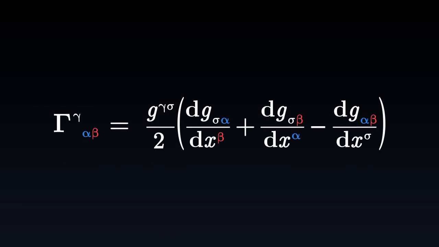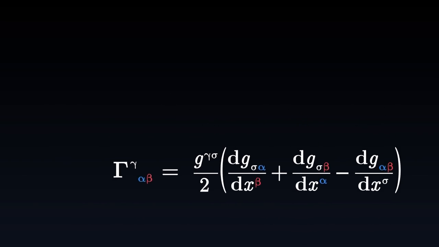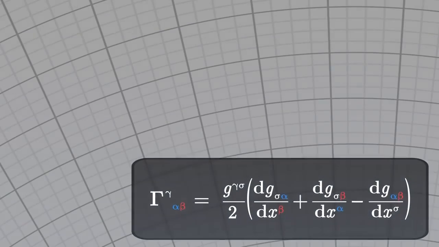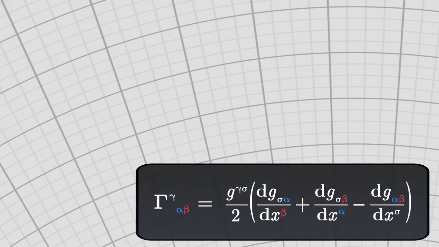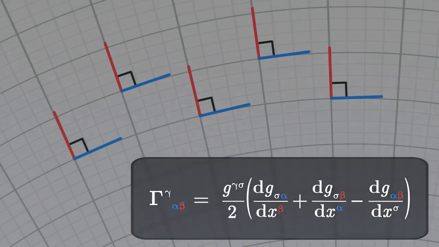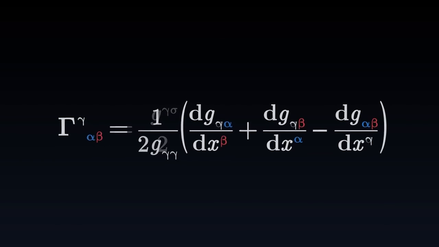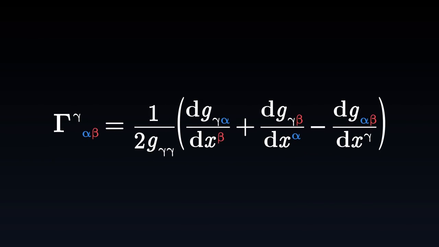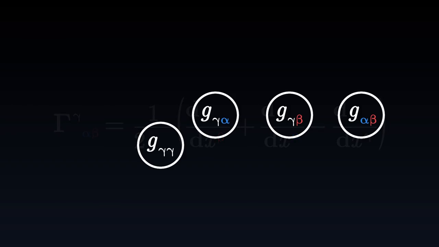Most of the time, however, this expression can be simplified by choosing an appropriate coordinate system. In particular, we can manage to choose a grid whose axes are perpendicular to each other. With such a grid, the expression of the Christoffel symbols is simplified, as it no longer involves the inverse of the metric, but only its components and their derivatives.